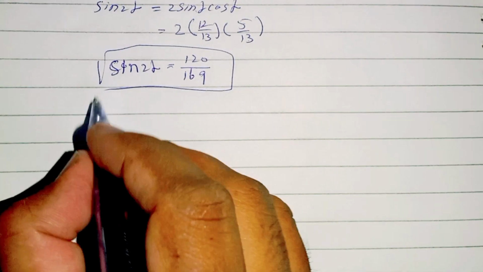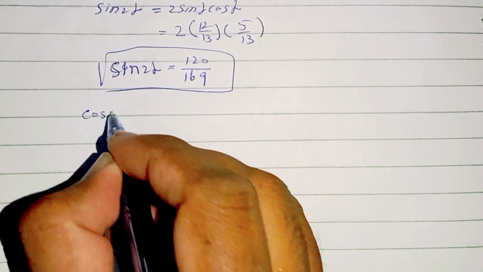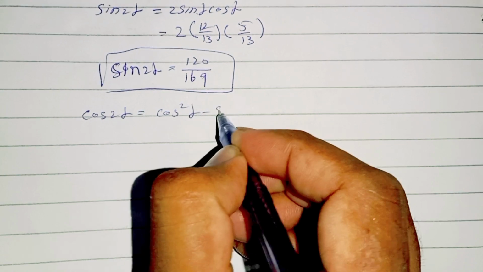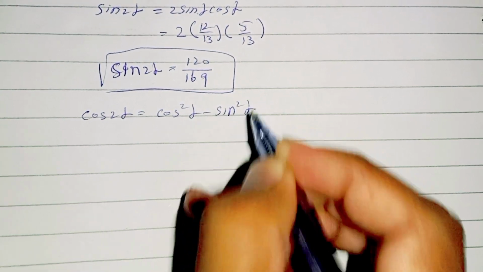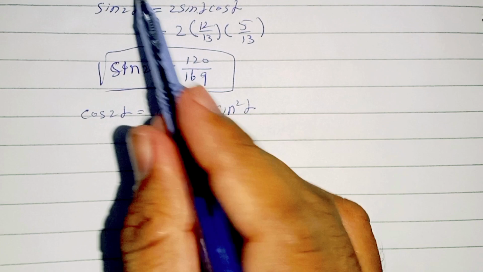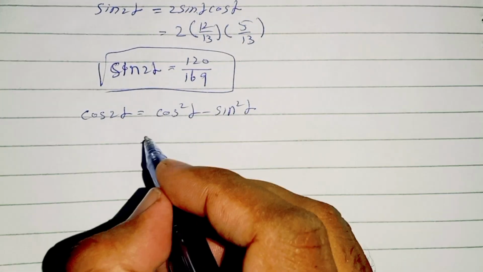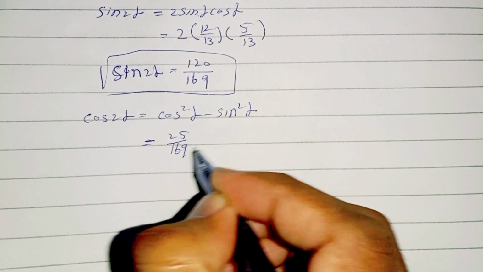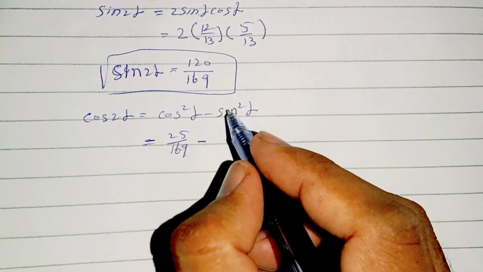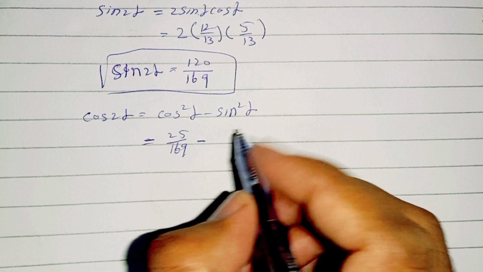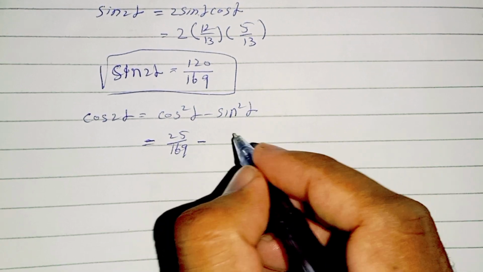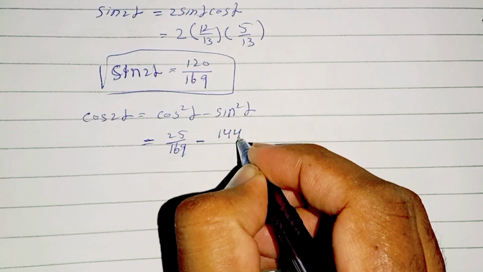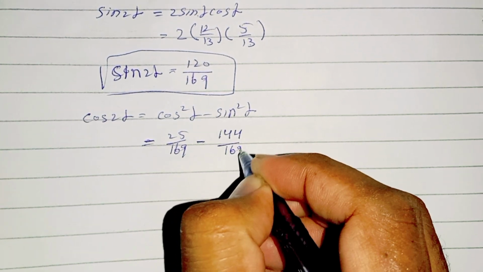Now we use a double angle identity. Cos 2 alpha is equal to cos square alpha minus sin square alpha. Putting the value of cos alpha, 5 over 13, the square of 5 over 13 becomes 25 over 169, minus sin alpha is equal to 12 over 13, so sin square alpha will become 144 over 169.